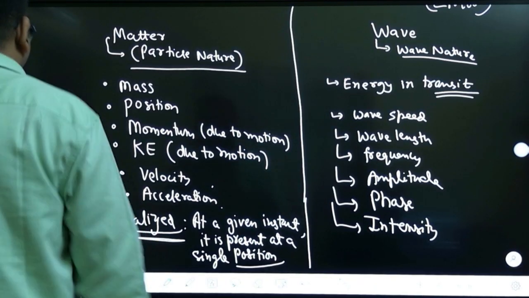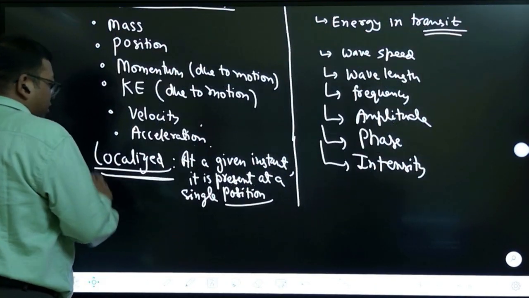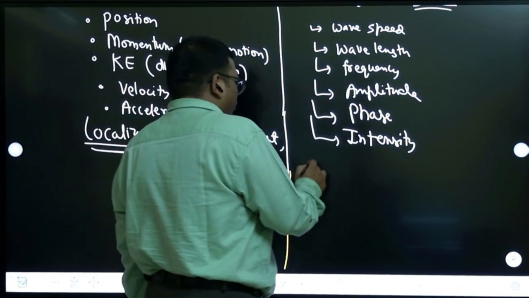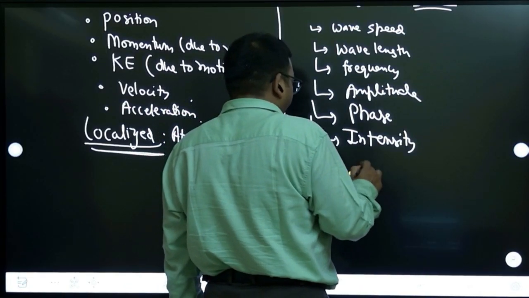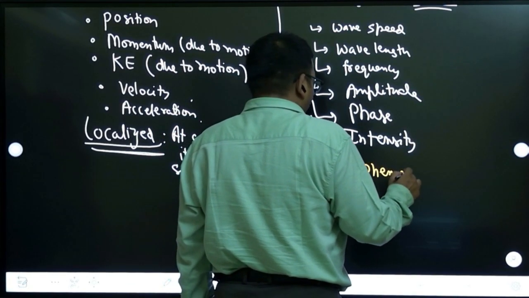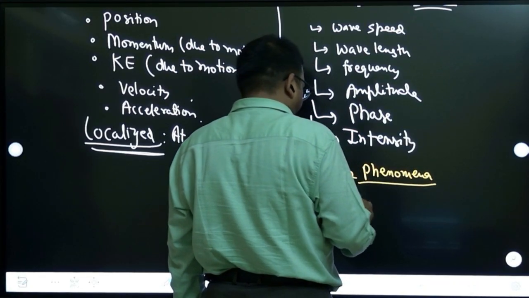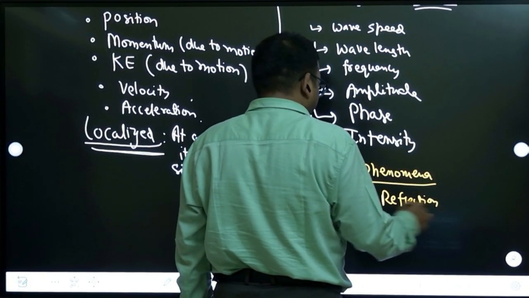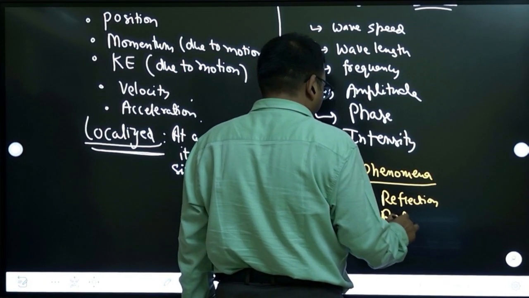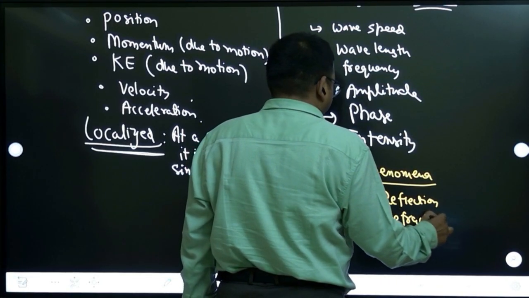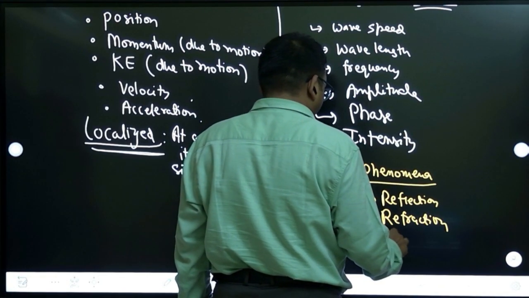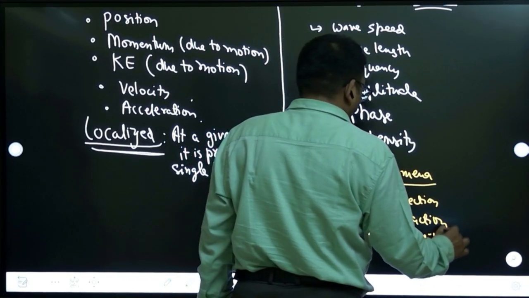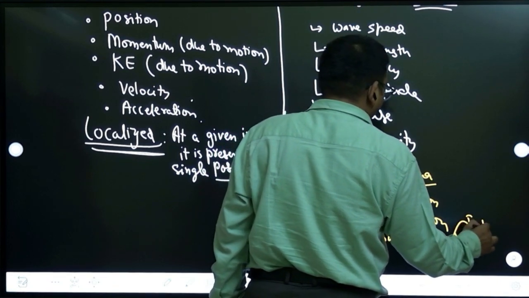And then, phenomena-wise, you can say what the wave phenomena are, which you already discussed in the previous chapter. Wave phenomena means reflection, refraction, superposition, which can be either interference or diffraction.